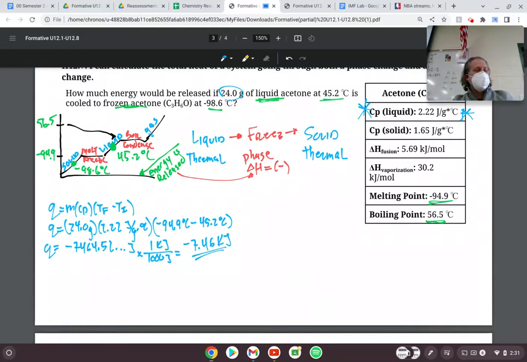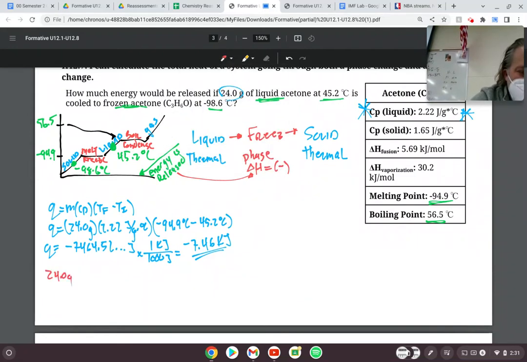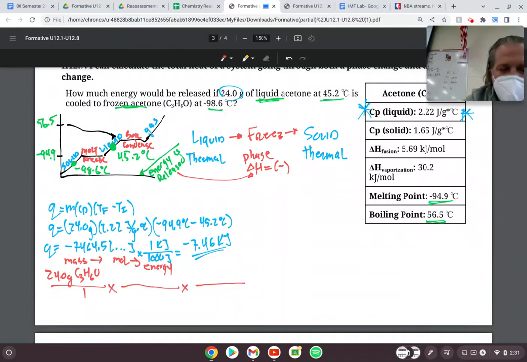My next calculation is my phase calculation. And remember, we're freezing. So this is going to be the 24.0 grams of acetone, which is C3H6O. We are going to go mass to mole to energy.